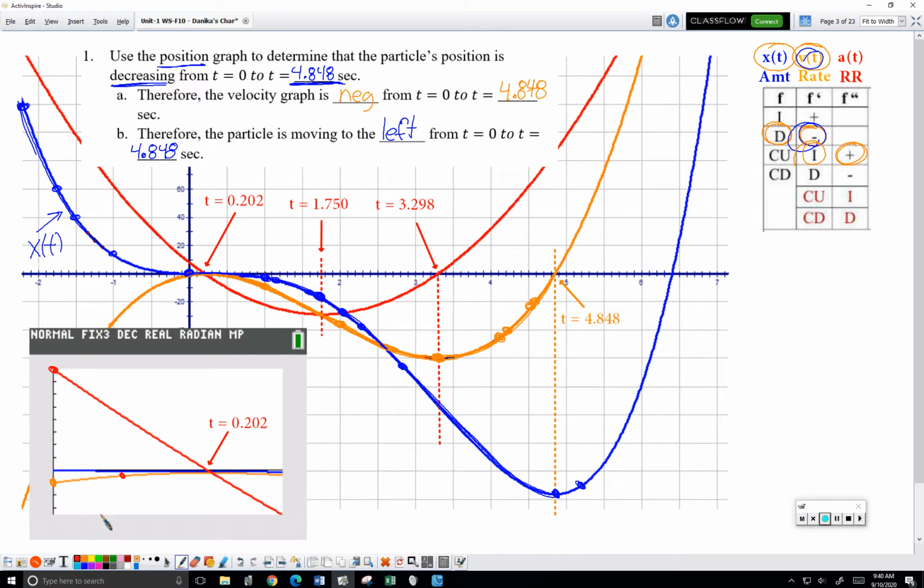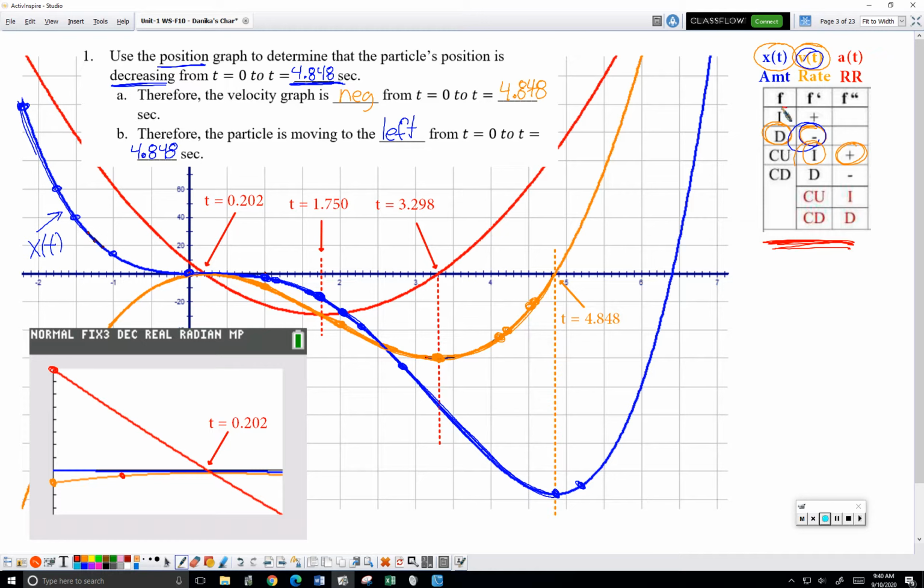Awesome. One other thing to note over here on Danika's chart. When you read a graph, time is just elapsing as you read the graph. As you go across the graph, time is ticking by. So the items in the chart are not talking about the x coordinates that you look at. The items in the chart are referring to the y coordinates really. Time just happens as we read the graph.